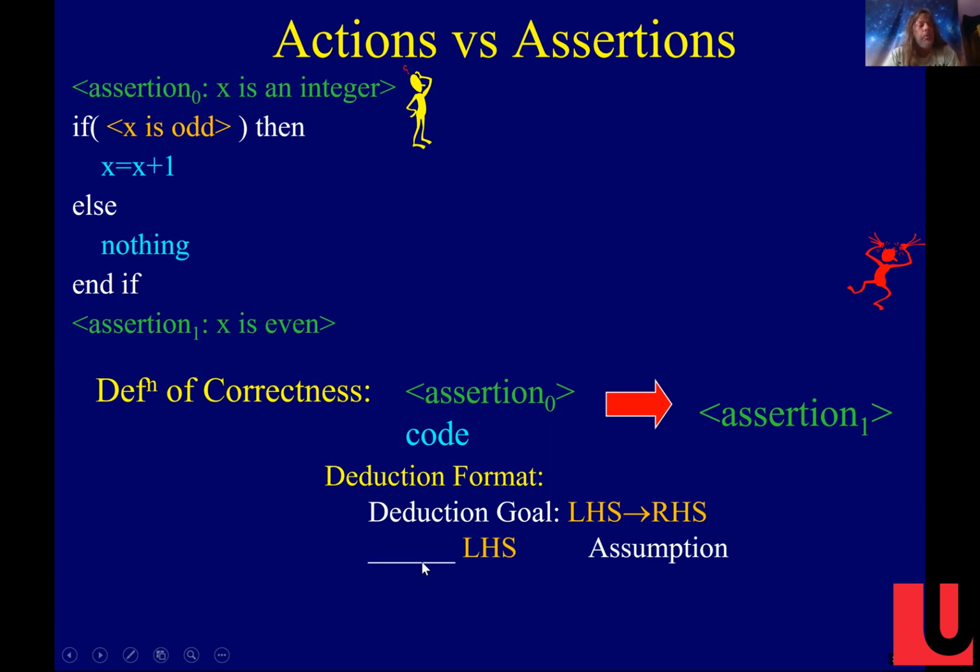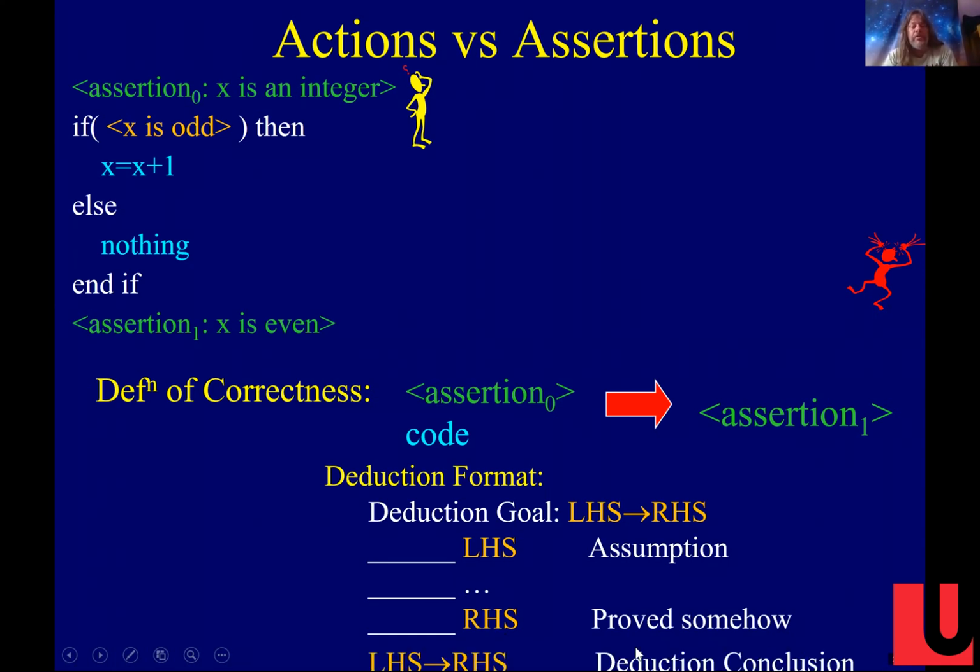So you assume the left-hand side, then you do a bunch of proving, and somehow you prove the right-hand side. Your deduction conclusion is that the left-hand side gives you the right-hand side. The reason we indent here is because while we're indenting, we're under the assumption that the left-hand side is true. We don't know for sure it's true. We're just under that assumption.